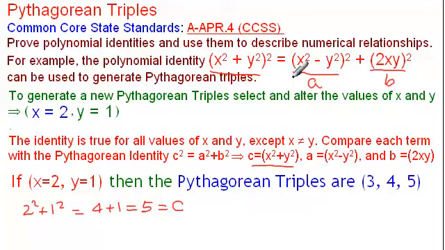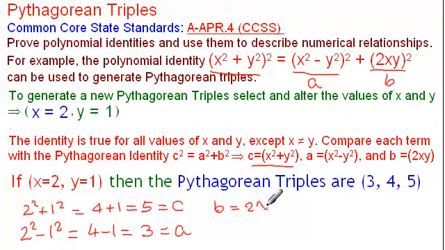5. Likewise, A is going to be 2 square take away 1 square, and that gives me 4 minus 1, which gives me 3. So that is going to be leg A, and leg B is given as 2xy.